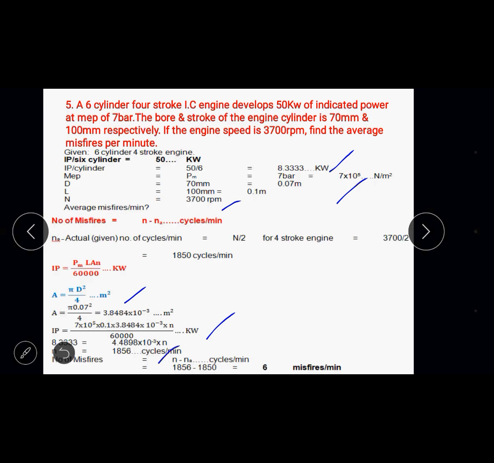Only the 2-stroke and 4-stroke engine you should be able to identify, because of that small n value and capital N value. It can be petrol engine, it can be diesel engine. All those formulas are applicable for both petrol engine as well as diesel engine. So because of that small n and capital N relationship, you should be careful about 2-stroke and 4-stroke engine. It doesn't make any difference whether it is petrol or diesel.